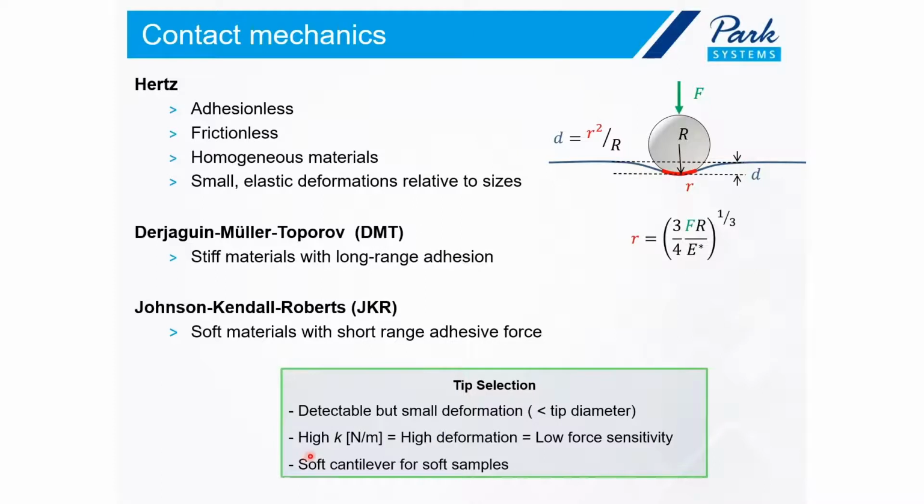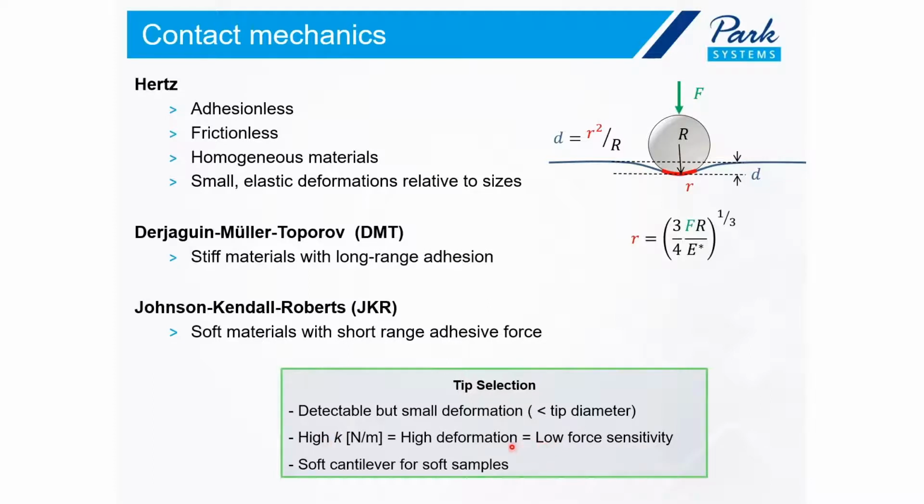The second point is the spring constant of the cantilever. If you choose a high spring constant, it means you can deform the sample more, but this also means you will have a low force sensitivity. So for detecting adhesion force, if you use very stiff cantilevers, your sensitivity might not be enough to detect the force at all.